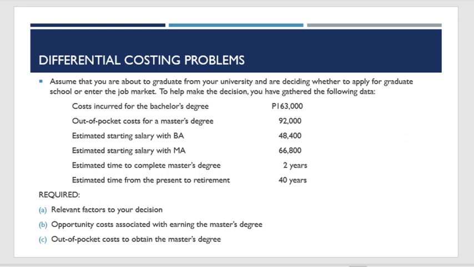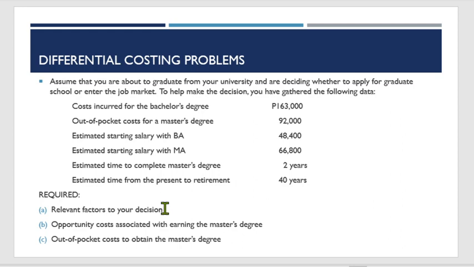Next, yung time to complete the master's degree, is it relevant? Remember, ang tinatanong dito is the factor and not the cost. Kumbaga, pinapa-itemize lang sa'yo kung alin dyan ang mga relevant on your decision. Yes, itong estimated time to complete the master's degree is future and it is relevant or it varies between the alternatives.